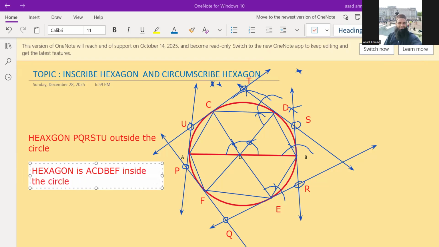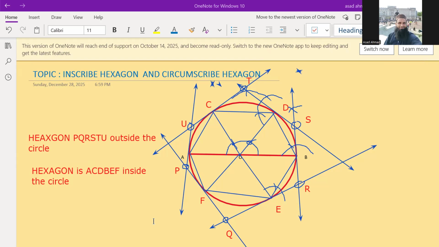This is called an inscribed hexagon. So you just need to make 90 degree angles at the corner points. Once the internal one is completed, you will be able to draw an external hexagon. So if you want, we can reshade it with another color.